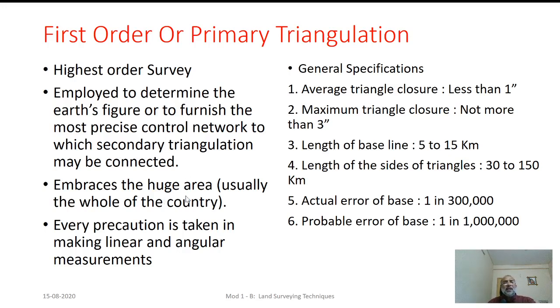It embraces a very huge area, mostly covering the whole of the country. It is essential to take every precaution in order to make linear as well as angular measurements very precisely. Some general specifications can be considered for this first order triangulation network.